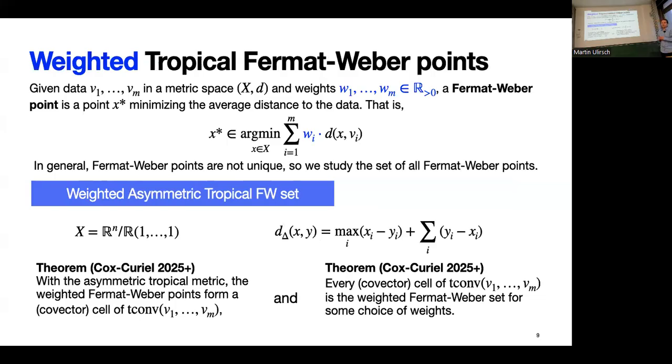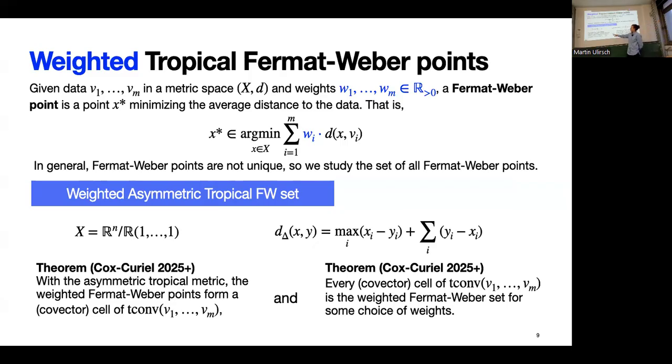And then, inspired by this paper of Comaneci and Joswig, and jointly with Mays Curiel, I worked on weighted tropical Fermat-Weber points. So instead of just taking as input your data points, we also add some weights to the points. And now the Fermat-Weber points are the ones that minimize the weighted distance to your data. Again, we're studying the whole set of Fermat-Weber points because this is still not unique in general.